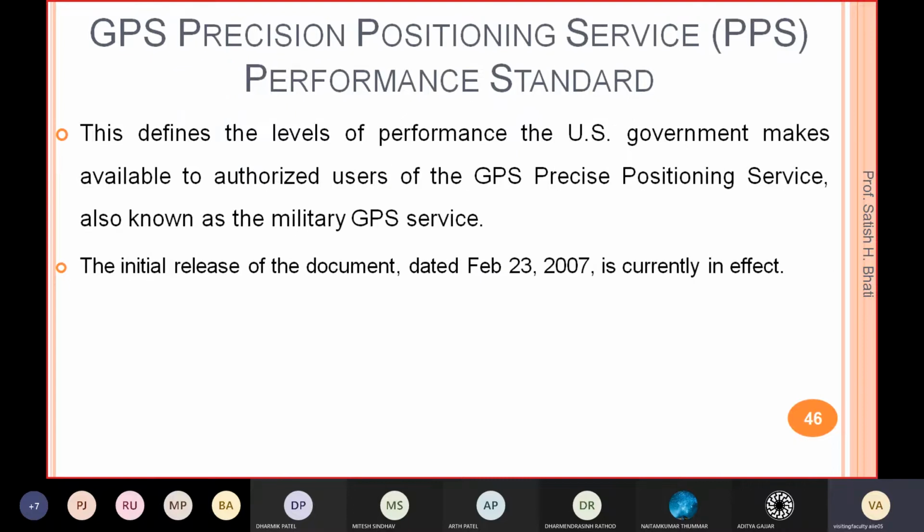And the PPS, the GPS Precision Positioning Service, was also released in February 2007, and the same standard is active, right? This PPS is also generally known as the military GPS service, so it's mainly applied in the military field.